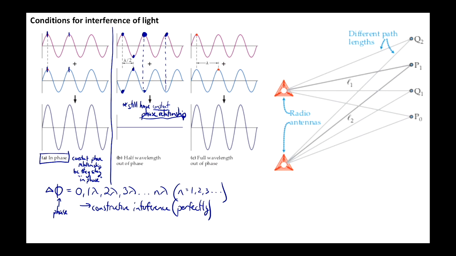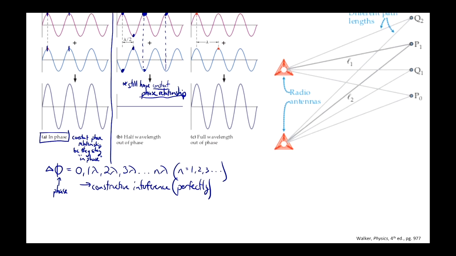So it turns out that I can express this another way as well. I hesitate to do this, but some of the examples are going to do it, and there's really no way to get around it. One wavelength, 1 lambda, is often re-expressed in terms of degrees. So we can say that's the same thing as 360 degrees or 2 pi radians. Since it's an oscillation, something that happens and then repeats over and over again, you can relate it back to a circle, because a circle kind of does the same thing, right?